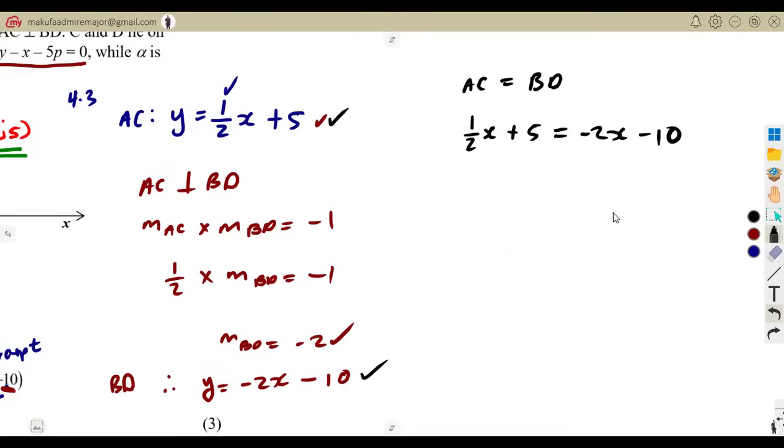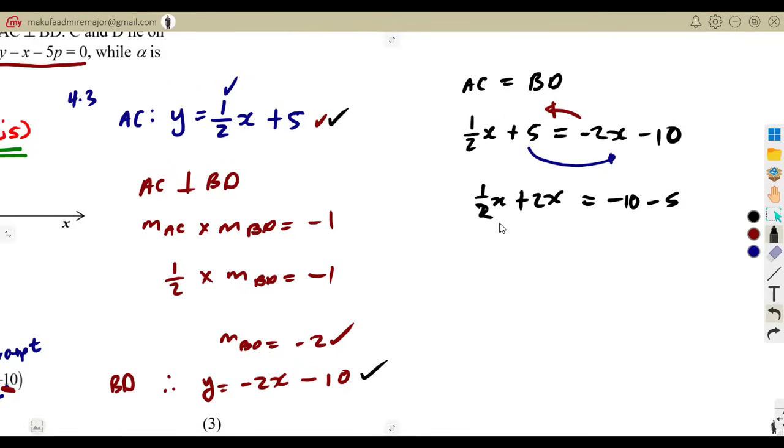As we can see, we have formed an equation that we can simply solve for x. All right, so you're going to take the -2x to the other side. It becomes a positive. That's half of x plus 2x is equal to, take the 5 to the other side, it becomes a minus, so that's -10 minus 5.